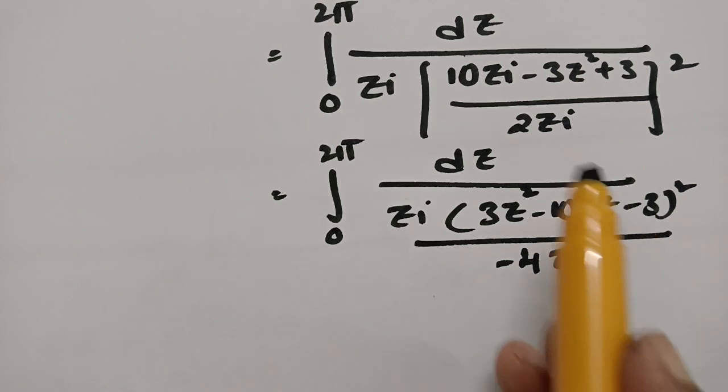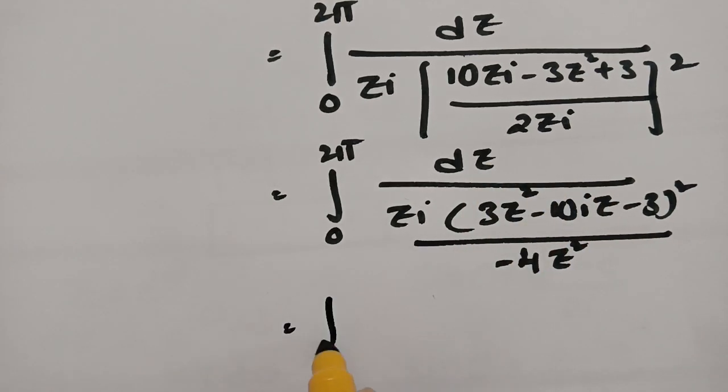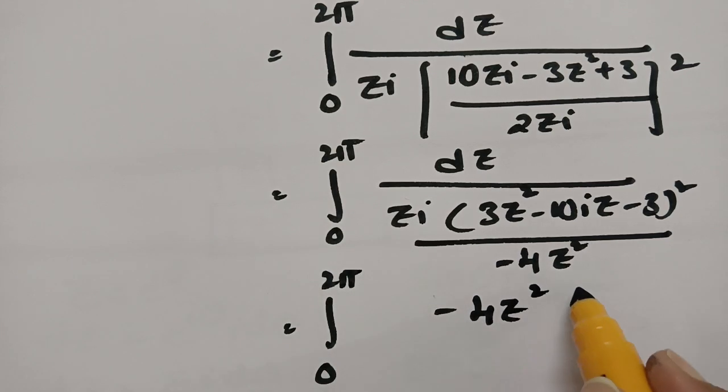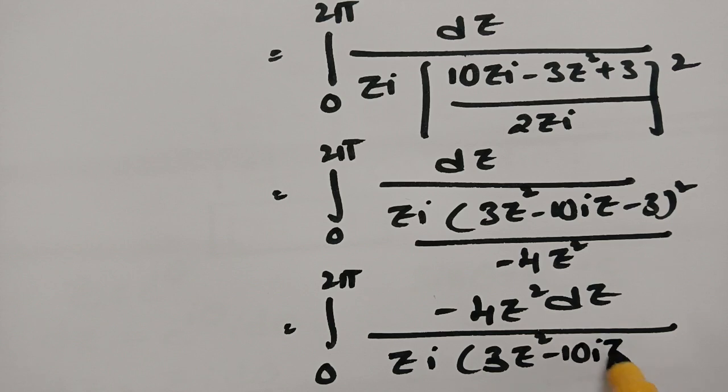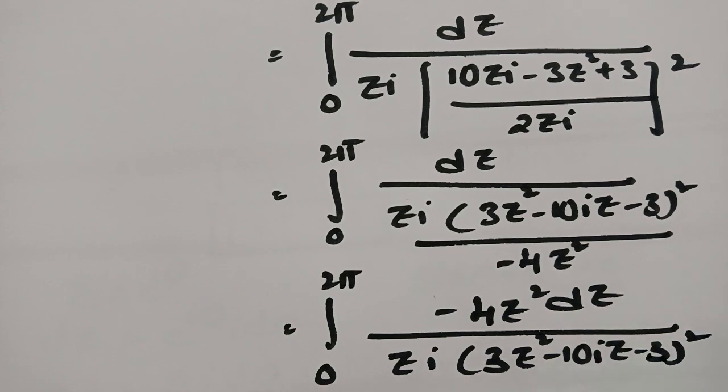So if I send it to the numerator, then see what happens here. This will be the integral of minus 4z square into dz by zi times (3z square minus 10i into z minus 3) whole square.